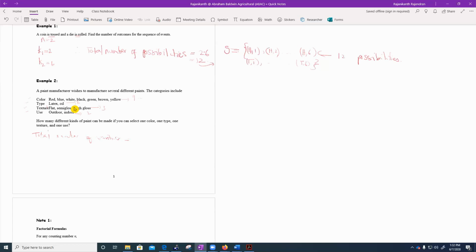So you could think of this as my K1, this is my K2, this is my K3, and this is my K4. So simply multiply all four numbers. That is 7 times 2 times 3 times 2. So that is 84. That means there are 84 different possibilities for choosing the paint variety.